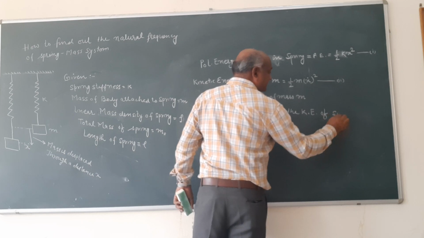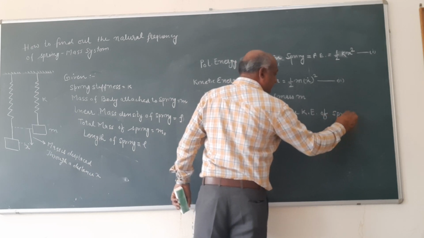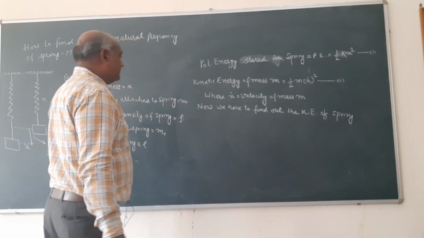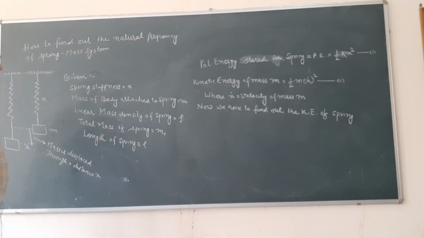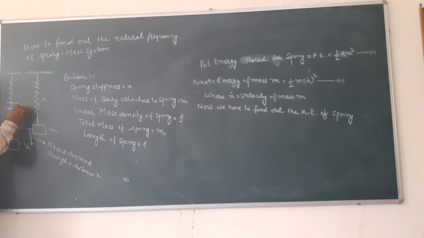Let us take a small element of the spring having length dy at a distance of y from the point O. The total length of the spring is L. First we will find the kinetic energy of this small element.